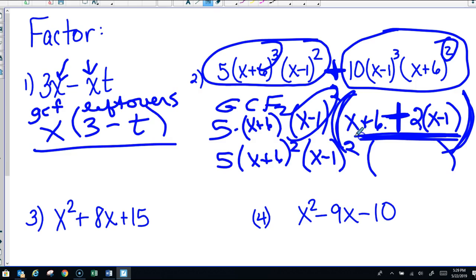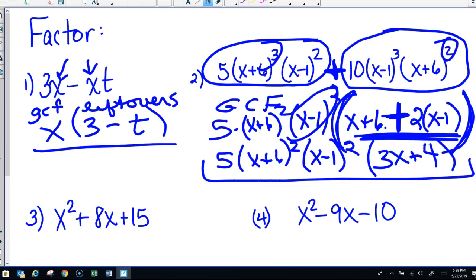So we're going to distribute back here 2x minus 2 and combine our like terms. We're going to have 3x and then 6 minus 2 would be a plus 4. And so that would be my factored form, all of that.